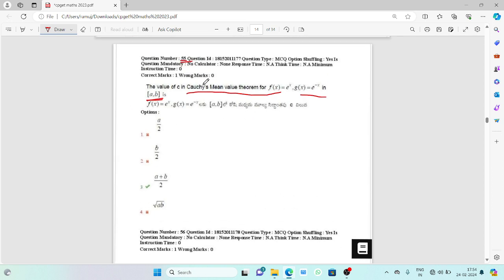Remembering the Cauchy mean value theorem statement: f dash of c divided by g dash of c equals f of b minus f of a divided by g of b minus g of a. He is asking for the point c.